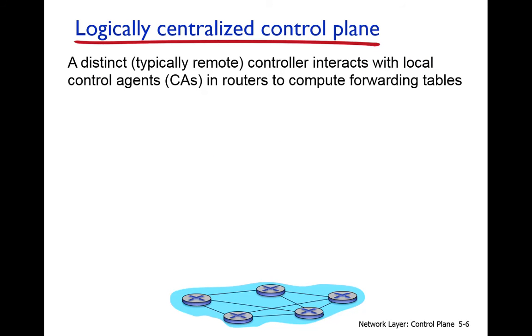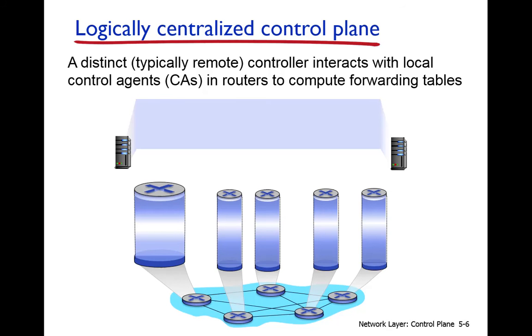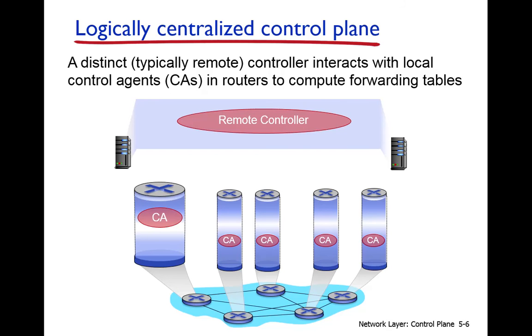Second is called the logically centralized control plane. As we have discussed, the control plane is separated from each router, and the control plane is implemented on a server. This server is called the remote controller.